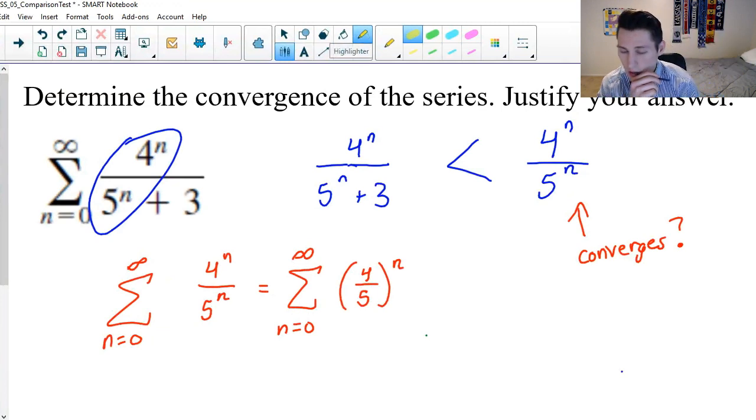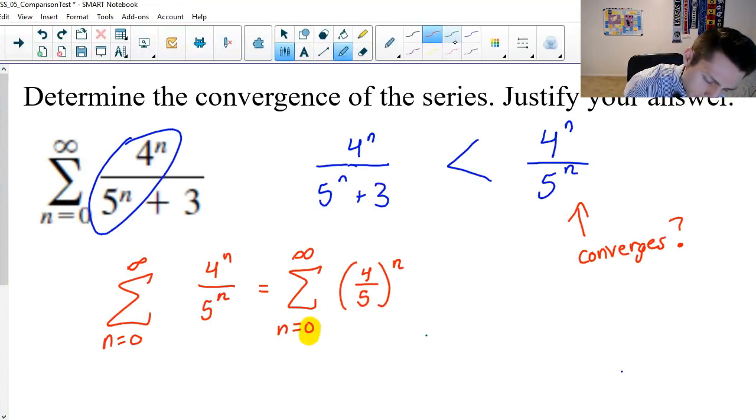This almost looks like a geometric series. It's not quite in that perfect form. Remember, for a geometric series we started at n equals 1. So let me fix that.